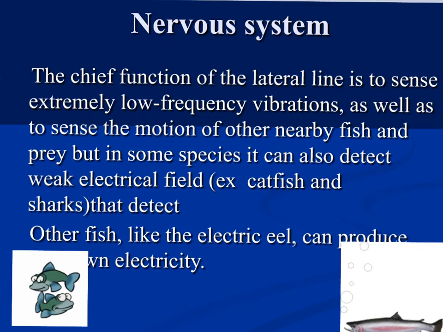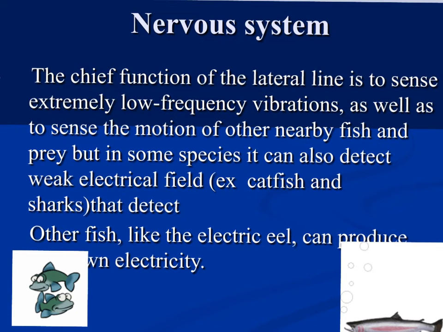Well, how about the nervous system of a fish? When we look at the nervous system of the fish, they're going to have some lines that you would look at. You'd see those on the outside sides of the fish. Those are called the lateral lines. They detect extremely low-frequency vibration. They're able to sense motion, and so they can determine motion of nearby fish.